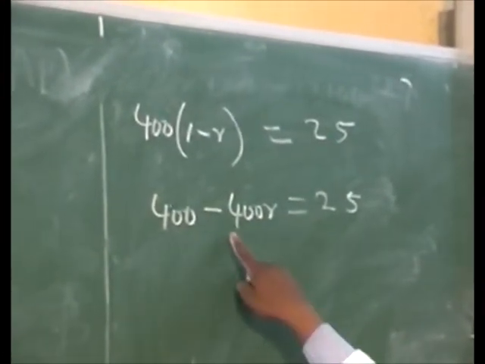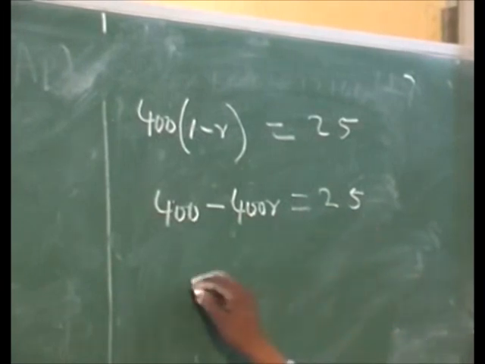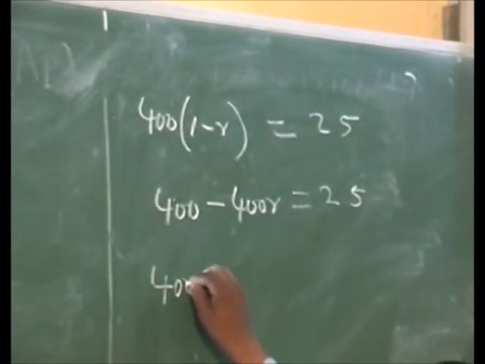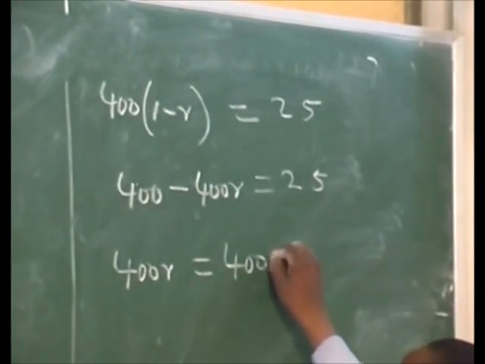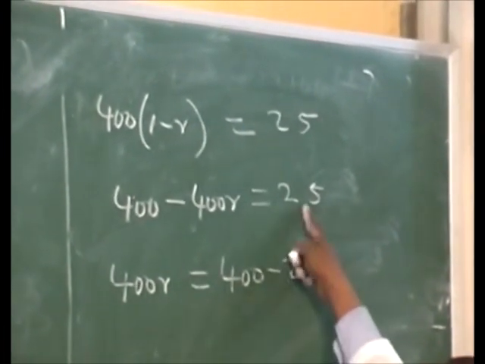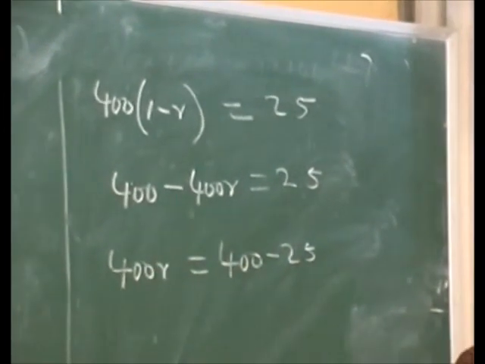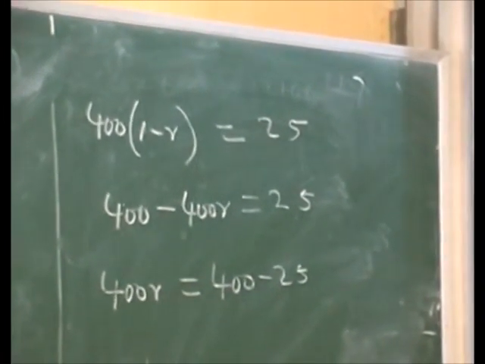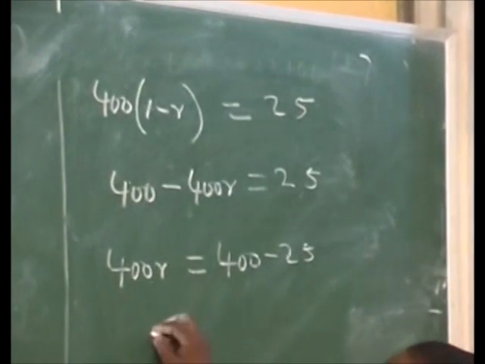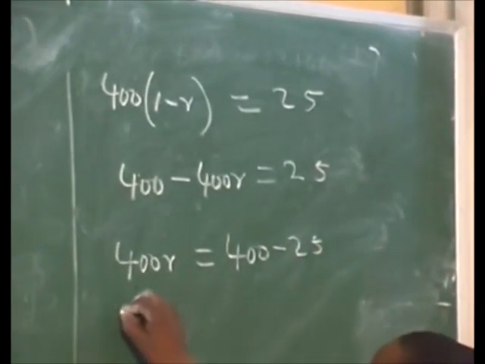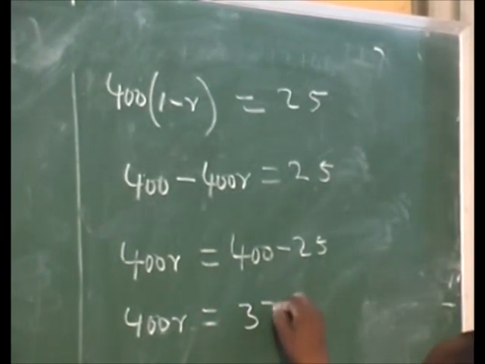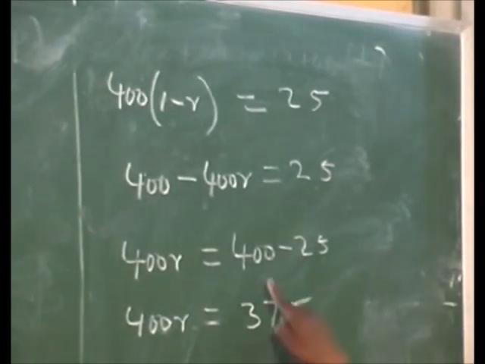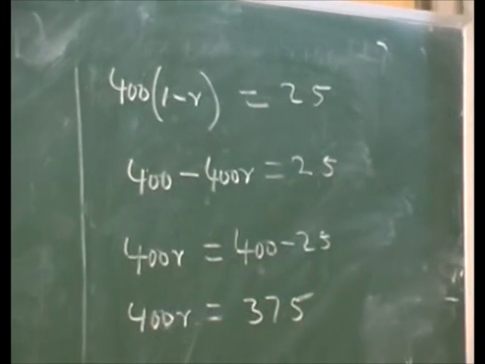Now I'm going to collect terms, so I will take this one to this side. If I take it here, I will have 400R is equal to 400 minus 25. That is, I'm taking this one to this side. Now 400 minus that will give me 375, because 400 minus 25 will give us 375.